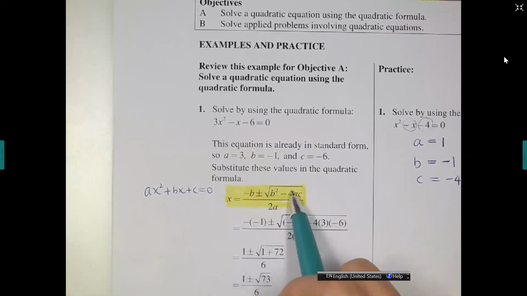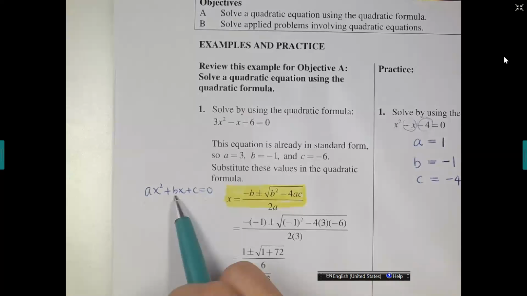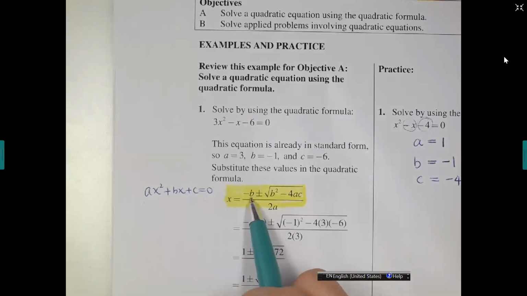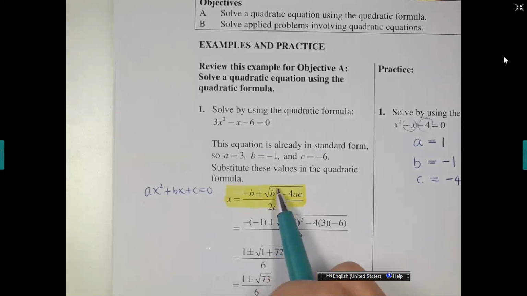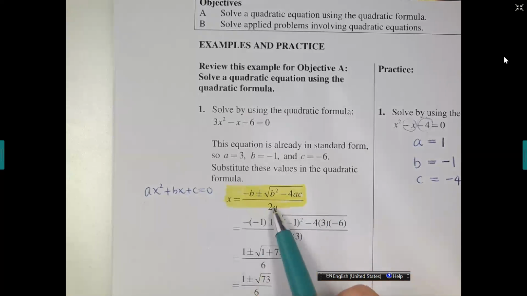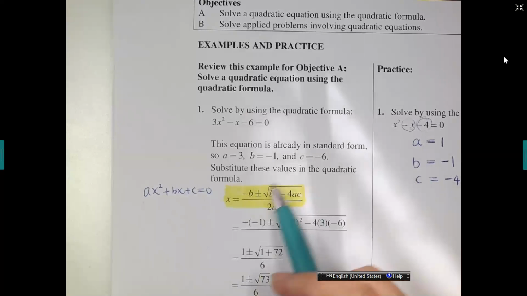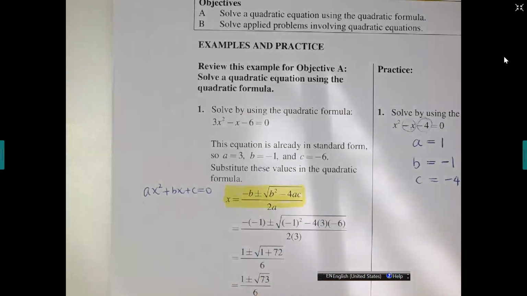The numerator is negative b, the opposite of whatever b is, either plus or minus, since there are two solutions, the square root of b squared minus 4ac. This one expression has a, b, and c in it. After we know what a, b, c are, we just plug them into the formula and then simplify. Done. That will be the solution.